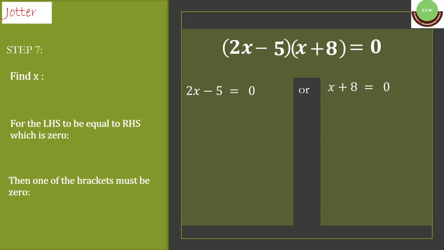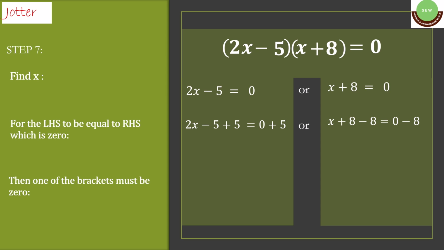So in order to have 2x for the first one, we need to add 5 to the left hand side and add it to the right hand side. That is 2x minus 5 plus 5 equals 0 plus 5. Similarly for the other side, we must take away 8 from the left hand side to be able to find x, and once we take away 8 from the left hand side, we must take it away from the right hand side.